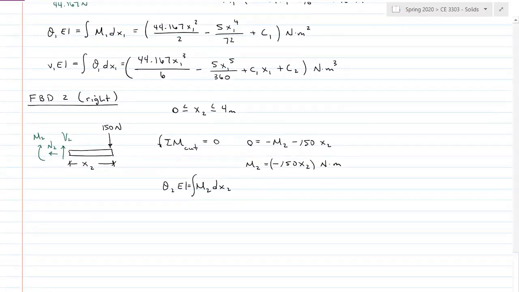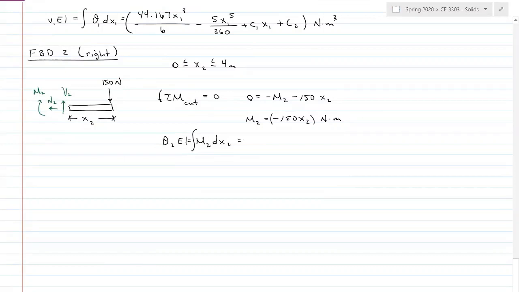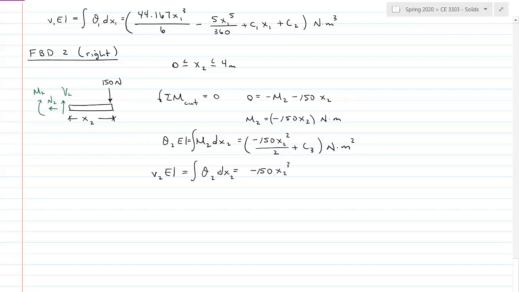I'm not putting my subscripts on everything here, which is equal to negative 150 x2 squared divided by 2 plus c3, Newton meters squared. And then my vertical deviation, lowercase v, EI, is equal to the integral of the slope, which is equal to negative 150 x2 cubed divided by 6 plus c3 x2 plus c4, Newton meters cubed.